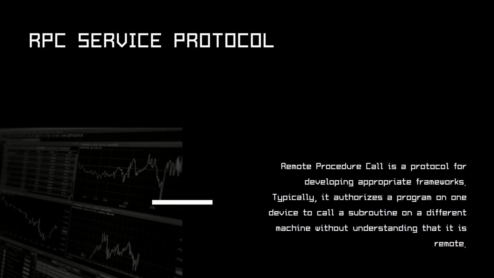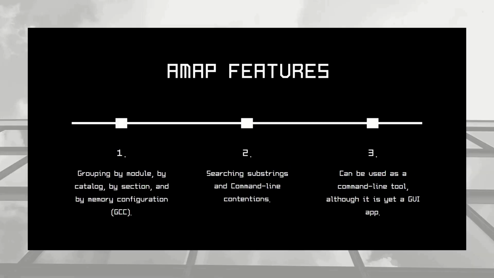And now let's dive into the next slide. We have the Amap features. The top 3 features of Amap: first, it will group by module, by catalog, and by session or section, and by memory configuration, which will be GCC.